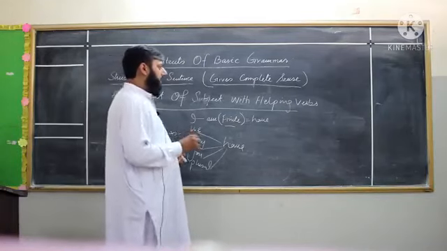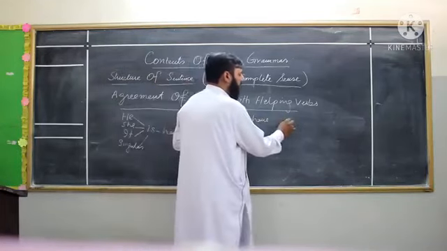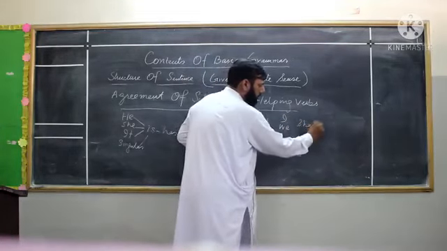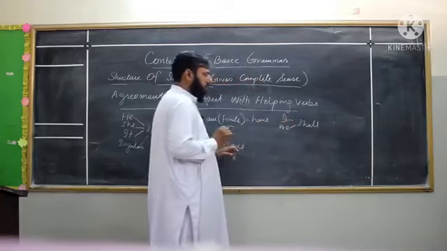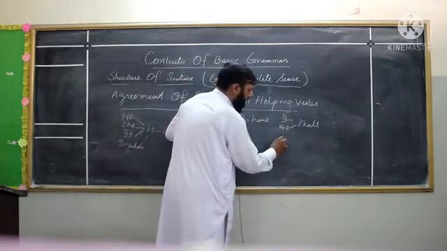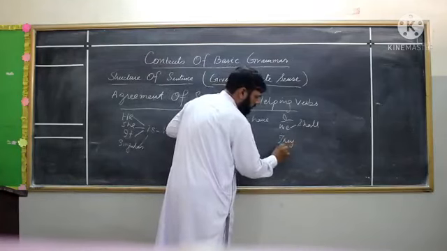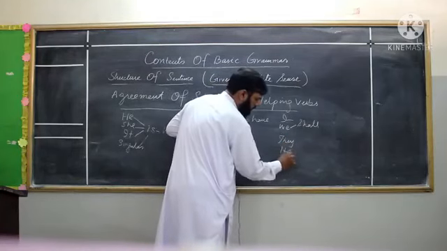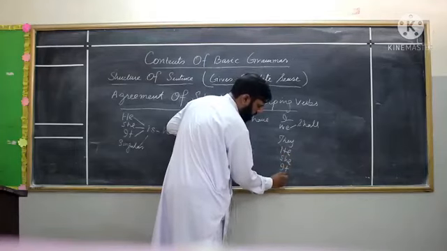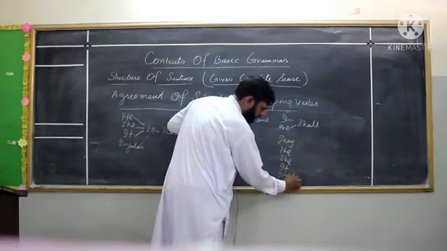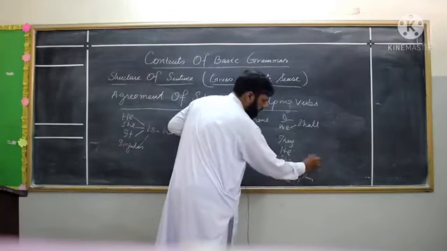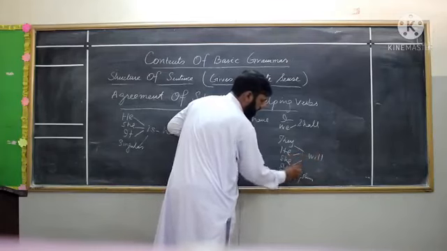After that, will and shall. Only with I and we we use shall. This is the old and orthodox style, whereas with they, he, she, it, singular and plural, we use will.